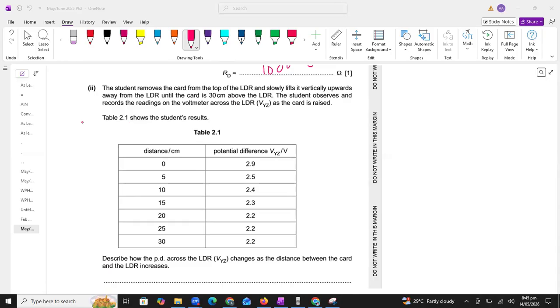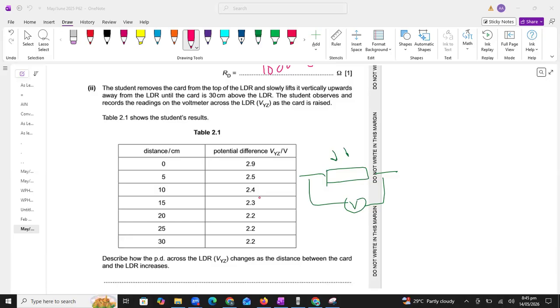Now they are saying the student observes and records the reading on the voltmeter across the LDR, VYZ, as the card is raised. You can see the table is showing the readings. Height is given from 0 to 30 centimeter, and the potential difference across the LDR is given. Basically, this is the LDR, and the voltmeter is connected in parallel with the LDR.